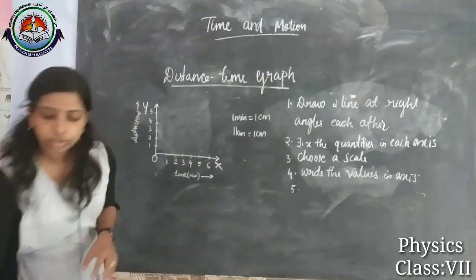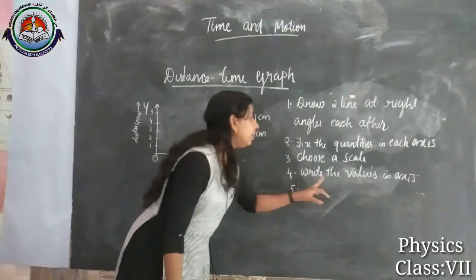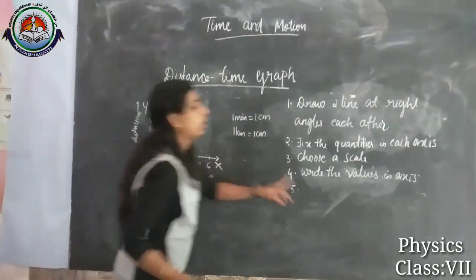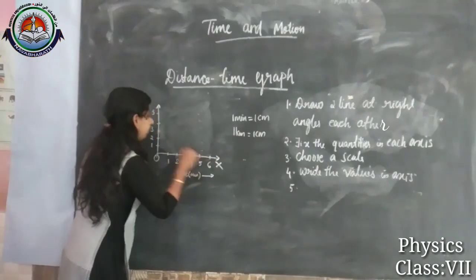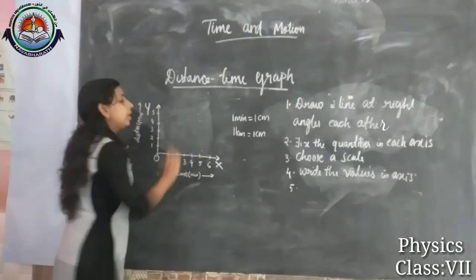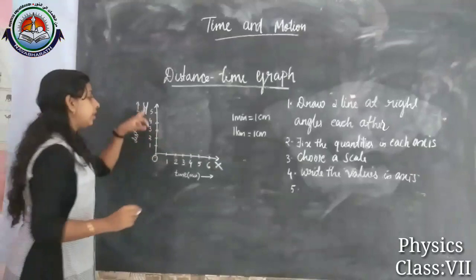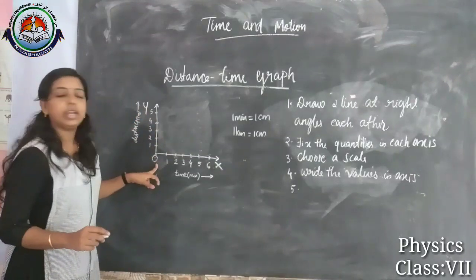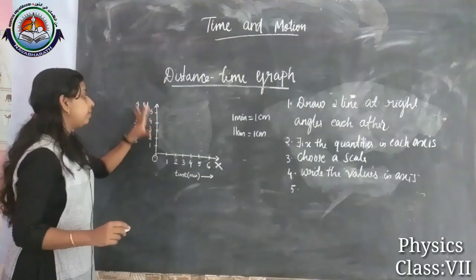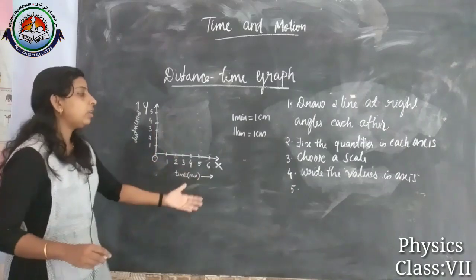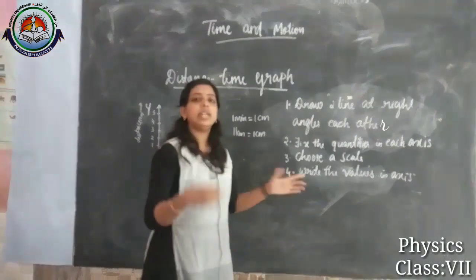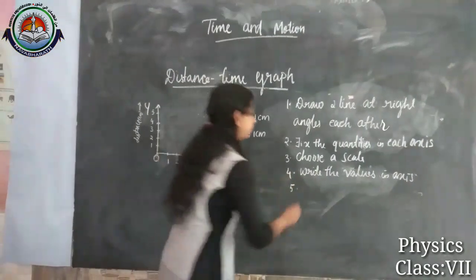So the fourth point is mark the values in the axis. That we already did. We already marked the points in this axis. Okay, and our next point is to mark the corresponding values.